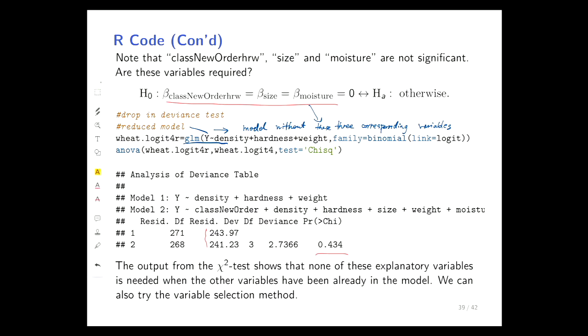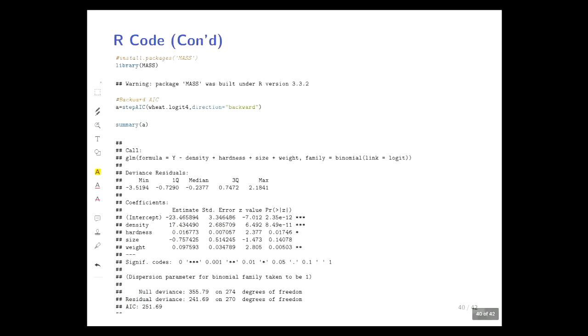So it happens. And also, we can try different methods to confirm our conclusion. For instance, we can try a variable selection method. In order to try the variable selection method, we still need to use another package. So here, in order to try the sequential variable selection method, we use the package MASS.